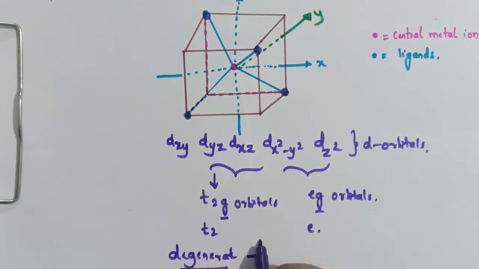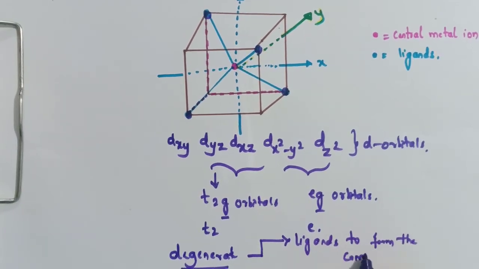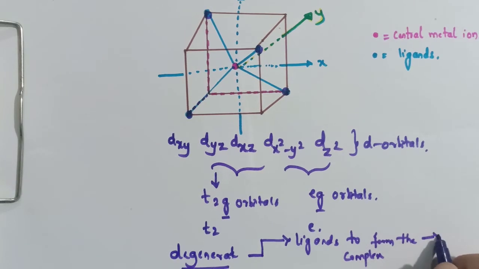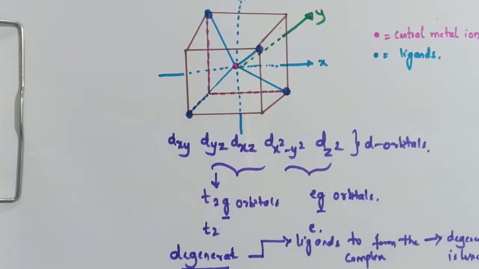But after the approach of ligands to form the complex, the degeneracy is lost. This is the crystal field splitting. So in the tetrahedral complexes, how does this splitting occur, and which orbitals will go into higher energy levels and which orbitals will go into lower energy levels?